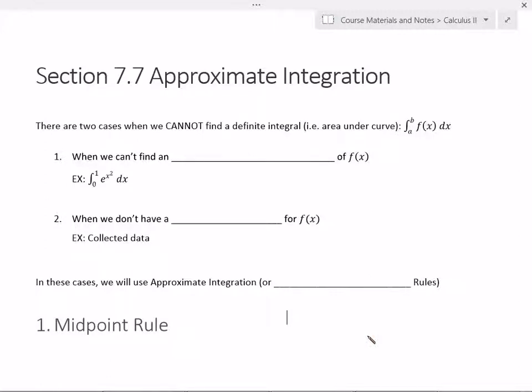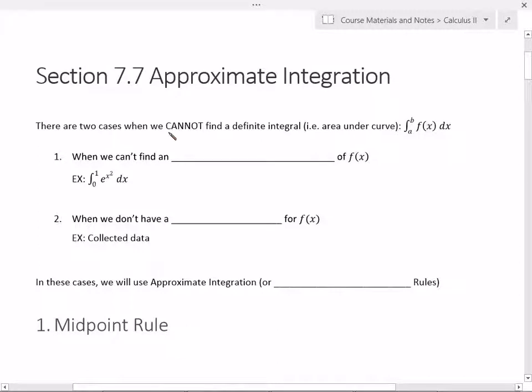If I gave you an integral like this one on the screen, the integral from 0 to 1 of e to the x squared dx, and said find that definite integral, your first step is to take any steps you can to find that function whose derivative is e to the x squared. Once you find that, plug in 1, plug in 0, subtract, you've got the number.